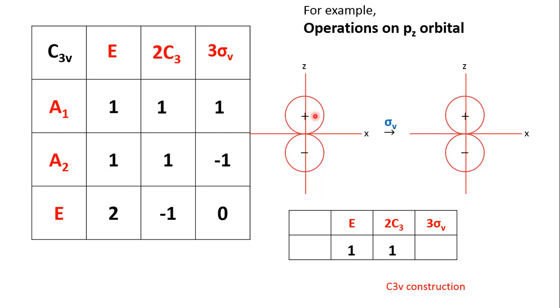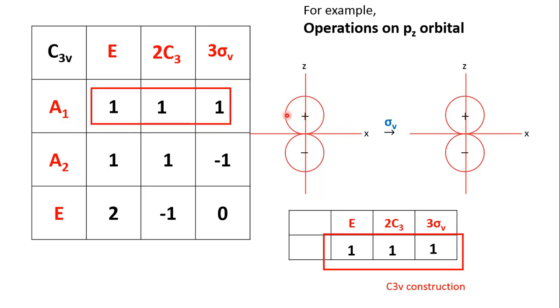To the right of it you find half of positive and half of negative. During reflection, the left half will become the right half and the right half becomes the left half, but the position of plus and minus will not get interchanged, and so it is symmetric. And when you get 1 1 1, you have to find out in this table where you get 1 1 1. You get it under A1, and so the pz orbital will be classified under A1.